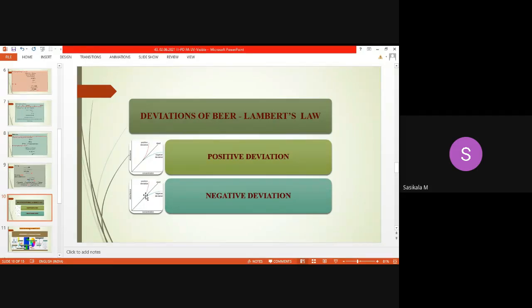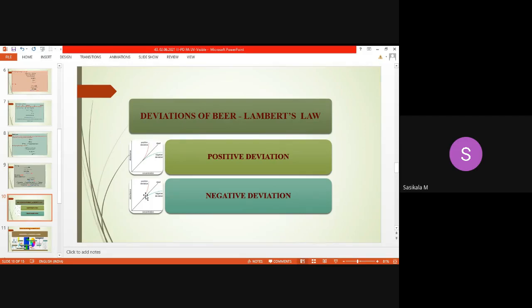It is based on the concentration of the substance. Even if the concentration is low, absorbance will be high, that makes positive deviation. Even when concentration is high, absorbance will be less, that is negative deviation. Our aim is that absorbance should be directly proportional to concentration, but sometimes it will not be met. That is called deviations.